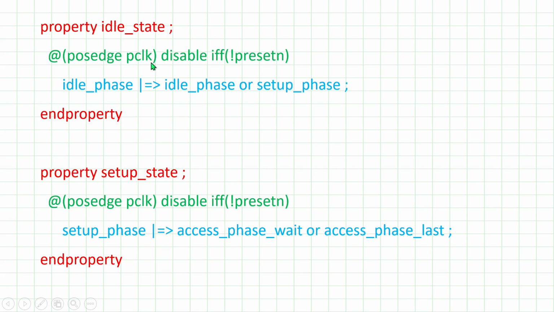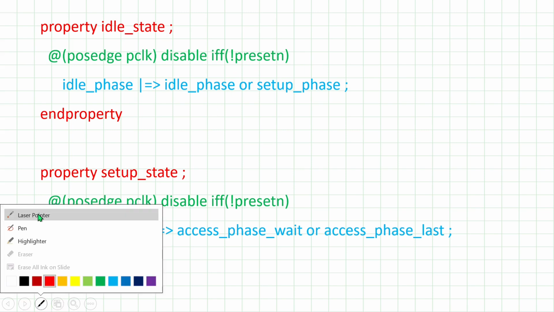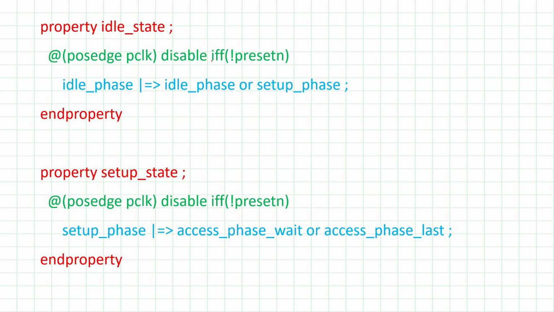So at the positive edge of P clock, our test bench P clock, disable if P reset is there. This P reset is our test bench signal. If there is this P reset signal, then we don't need any assertions, because all the signals will go to 0. If this condition occurs, then we will stop this assertion.